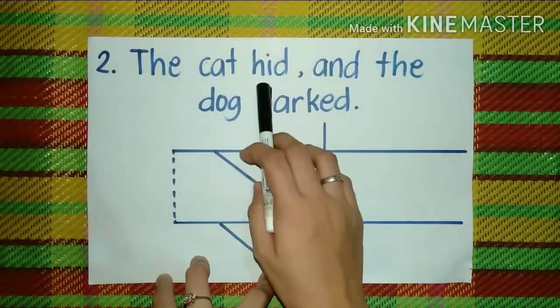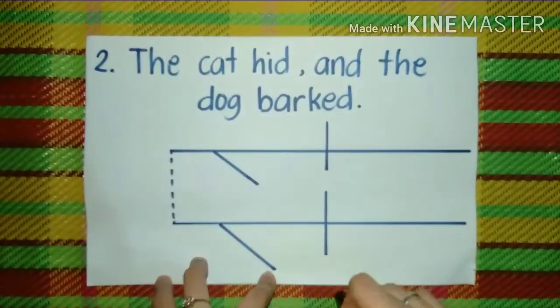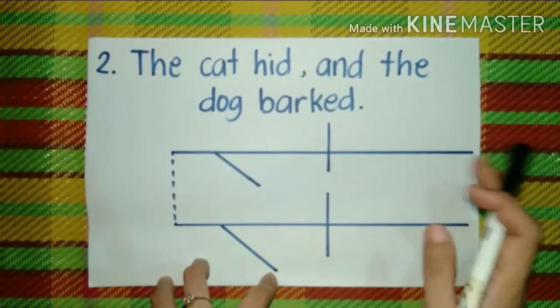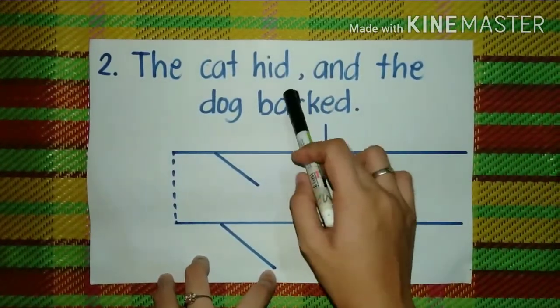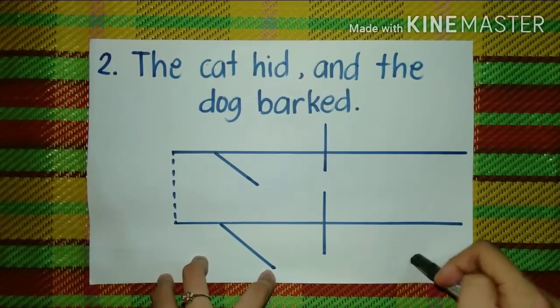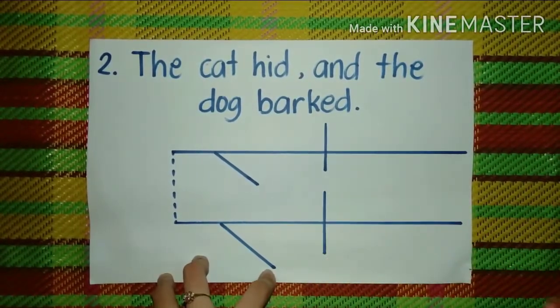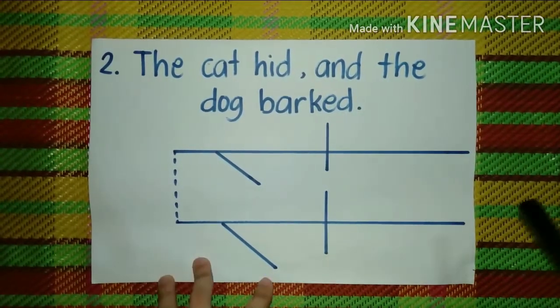The cat hid, comma, and the dog barked. By the way, a compound sentence is also separated with a comma. The ideas are separated with a comma. So you can easily identify which one is the first idea and which one is the second idea, aside from the conjunction that is present in the sentence.